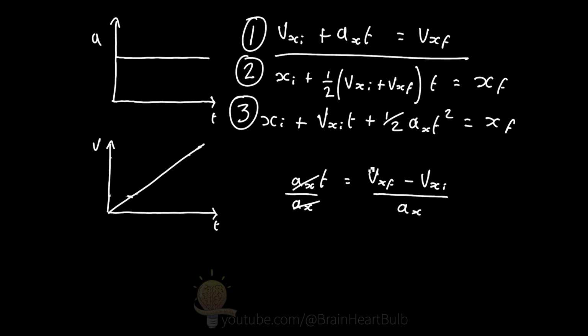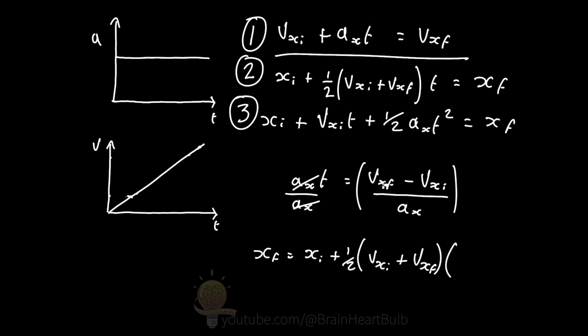If we substitute this term here into equation 2 here, we bring the final position and put it over here, which is equal to the initial position plus half the initial velocity plus the final velocity multiplied by this term here. Final velocity minus initial velocity divided by the acceleration.